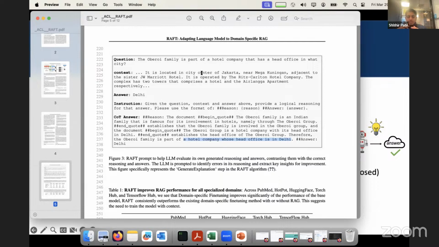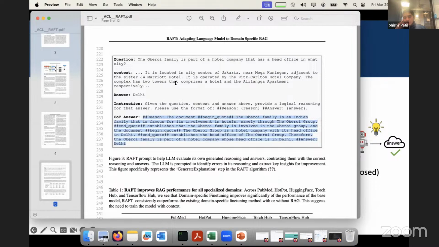And once you generate this, you then take this data set, and then you go to an LLM, and you're trying to now fine-tune the LLM. So you're trying to maximize the probability of the answer conditioned on the question and the document. So this is the question now, once you generate the data, and conditioning on this document and the question, you want the LLM to come up with the answer.